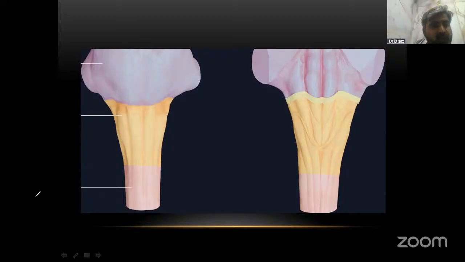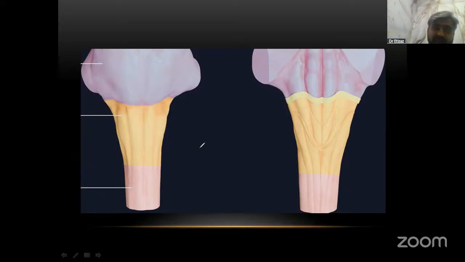Now, what happens? When we take a transverse section of the medulla oblongata, usually we get the transverse section at three to four levels. At the level of the pyramid, at the level of the medial lemniscus, at the level of the olivary nucleus. These are the different levels.